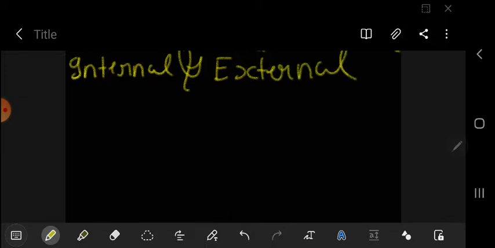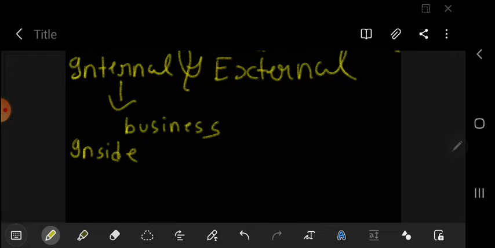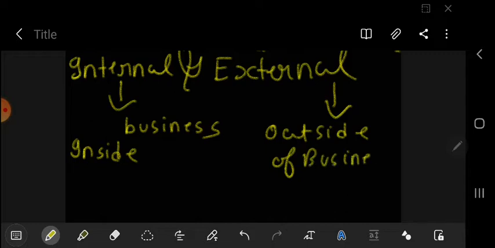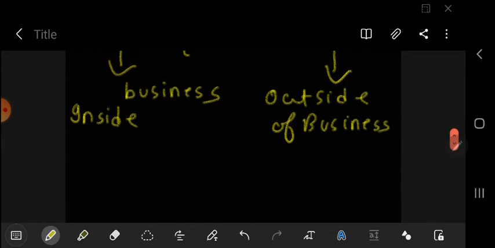Okay, internal transactions are the transactions which happen in the business, or we can be more clear, inside the business. Okay, internal transactions are seen inside the business while external transactions are seen outside of the business.